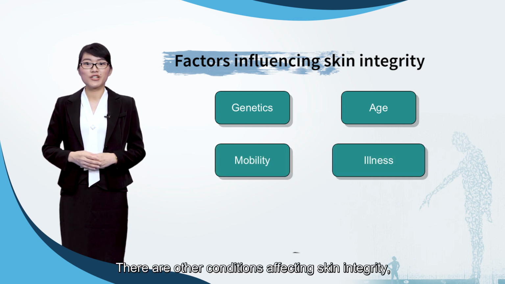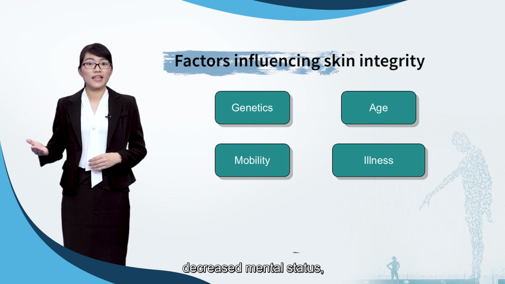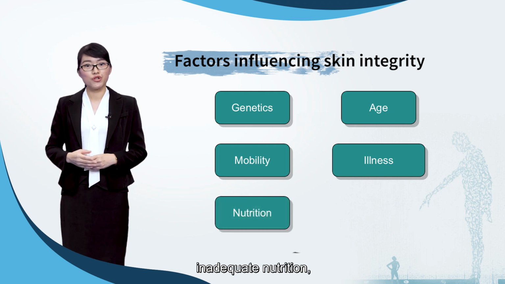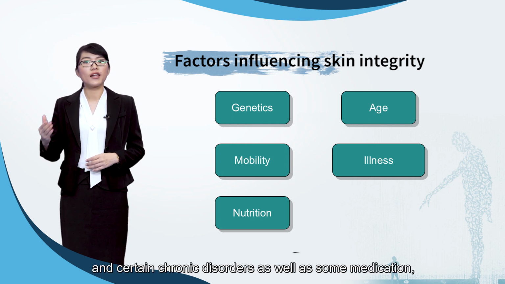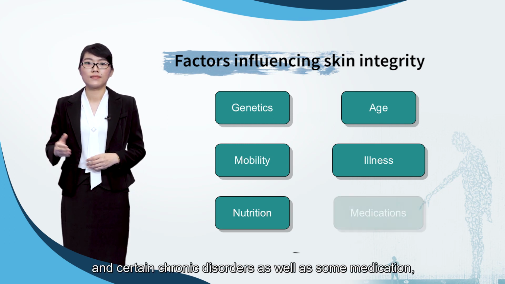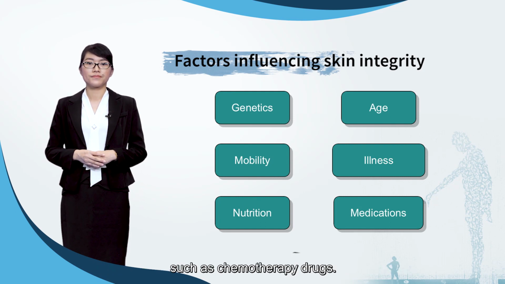There are other conditions affecting skin integrity: immobility, diminished sensation, decreased mental status, inadequate nutrition, excessive body heat, and certain chronic disorders, as well as some medication, such as chemotherapy drugs.